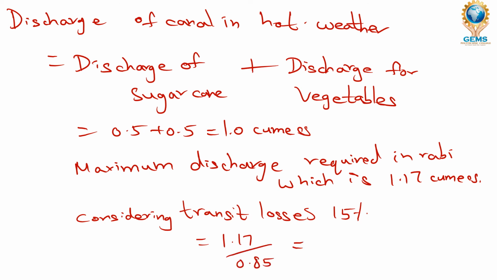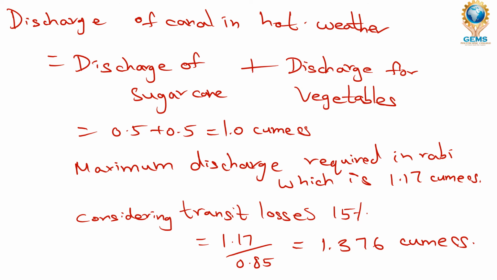Where does 0.85 come from? In total 100 percent, 15 percent went in losses, so the remaining percentage will be our discharge. So 1.17 divided by 0.85 is 1.376 qmax. This is our design discharge considering the transit losses.